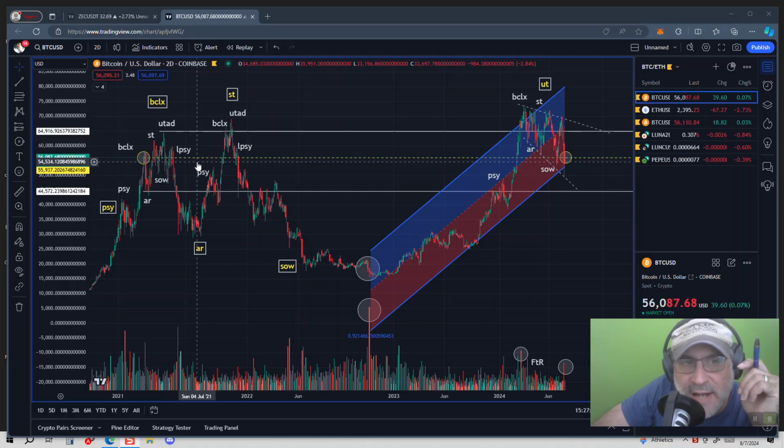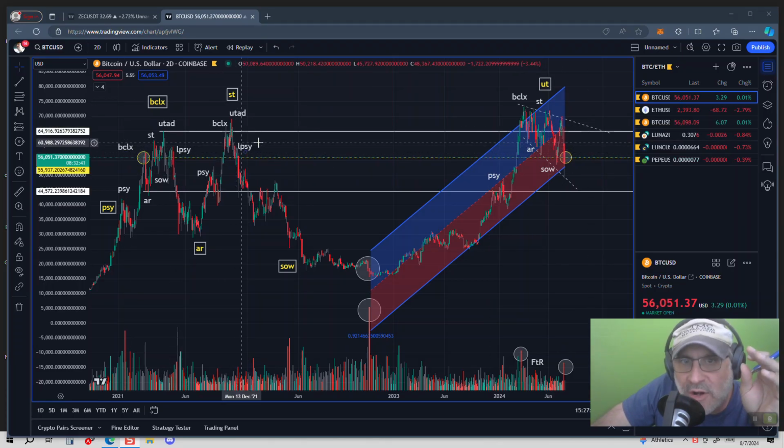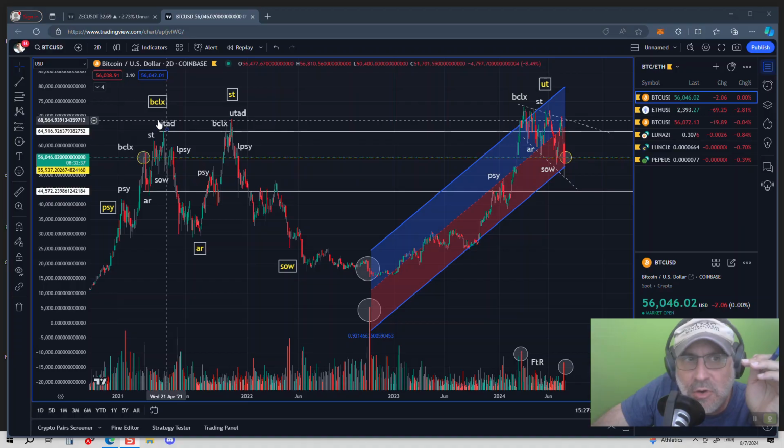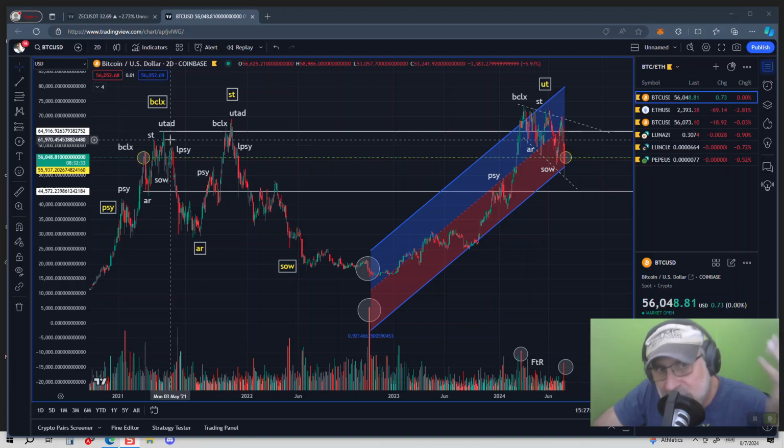Now I have Wyckoff schematics here, one grand macro Wyckoff schematic comprised in fractal format of micro Wyckoff schematics, because that's what fractals are, right? They're the same thing, just broken down into smaller components.